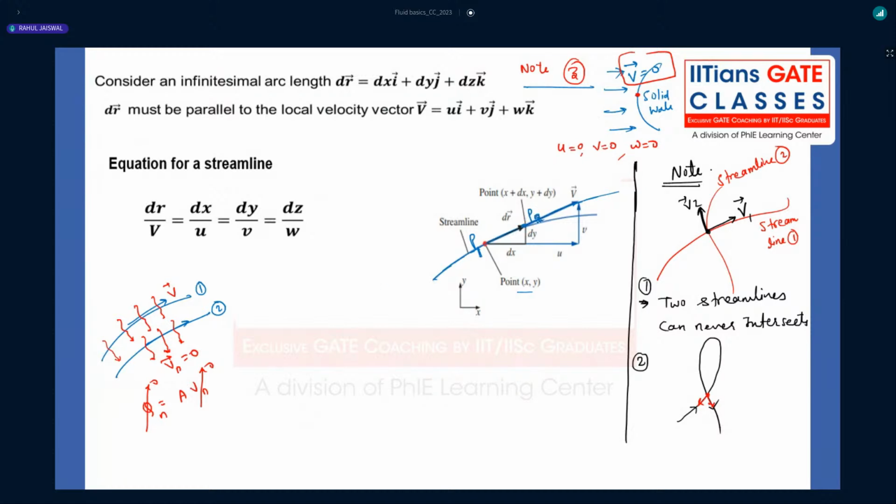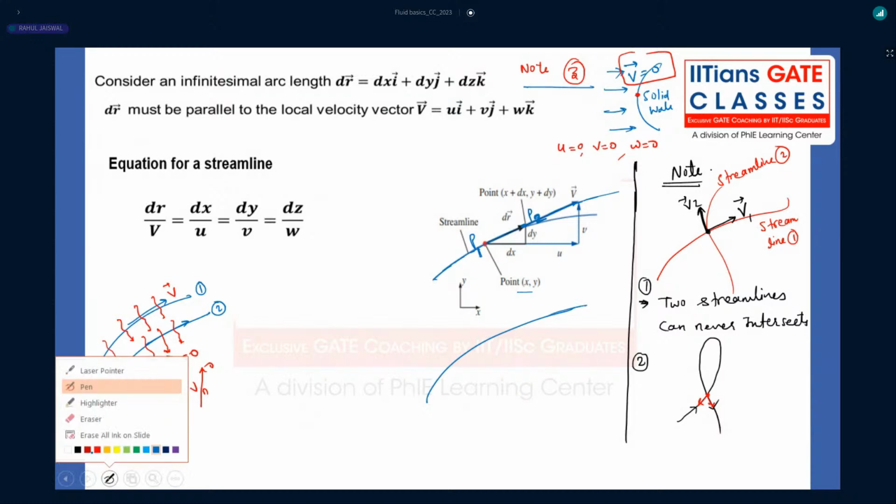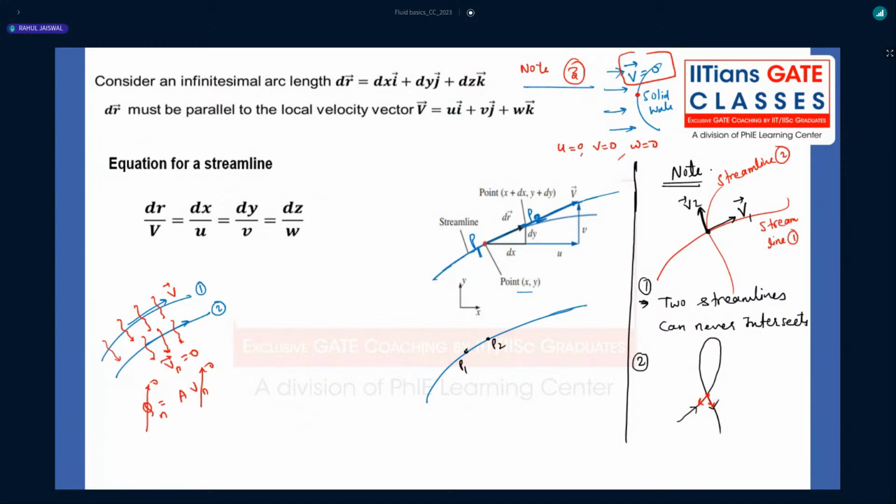On this streamline, if I draw in black, this is P1 and this is P2, right? This small gap I define by dr, which is a position vector. What is the position vector? dx i cap plus dy j cap plus dz k cap.